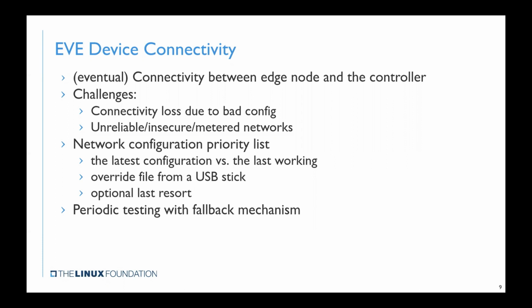So there is this periodic testing mechanism with fallback. And it's very important that you do not configure an interface as management if it cannot physically provide connectivity to the controller, because otherwise it will be slowing down this periodic testing process.